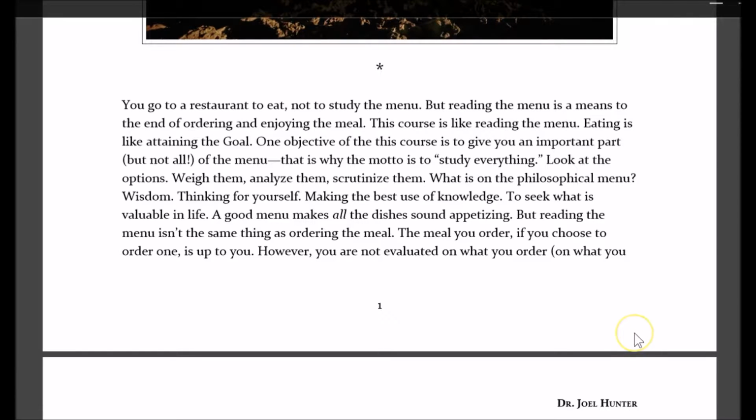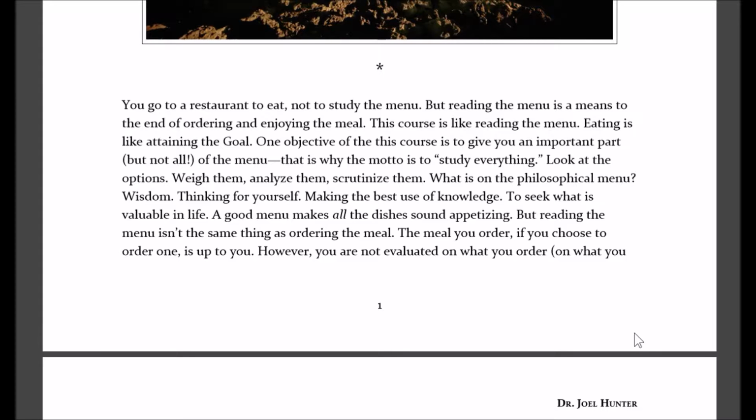What we're not doing is a comparative religion class. So I'm not asking you actually to compare, using the menu analogy, the strengths and weaknesses of steak to chicken. That's not actually a very interesting thing to do.